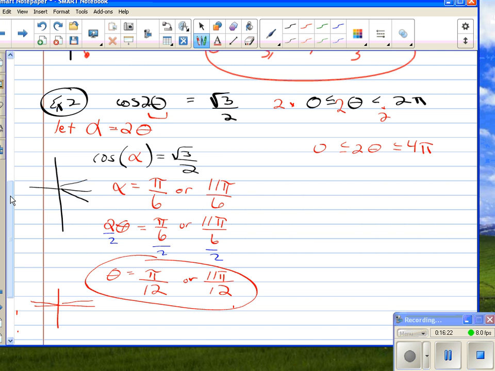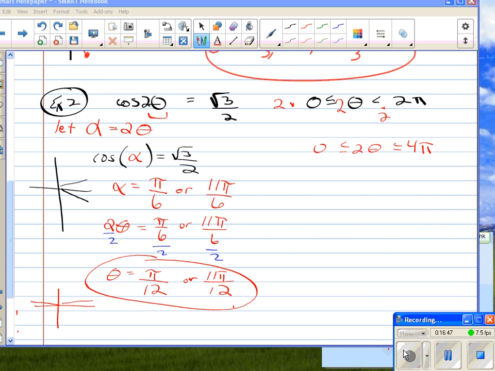So really what I need to do is, instead of stopping here at pi over 6 and 11 pi over 6, I need to go ahead and do an extra rotation. So let me see here. Alright, so this is the trickiest part of all of this.